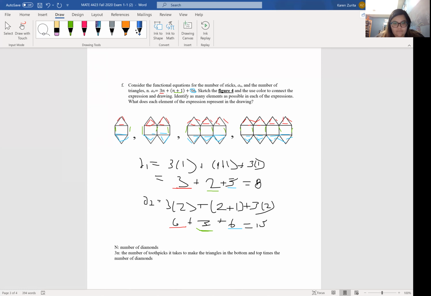And we have n plus 1, which represents the number of toothpicks it takes to connect the triangles on the bottom to the triangles on top.